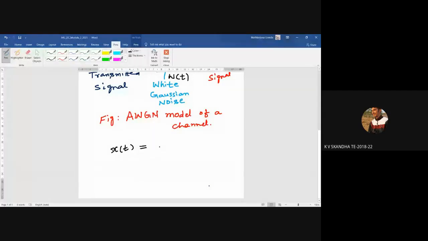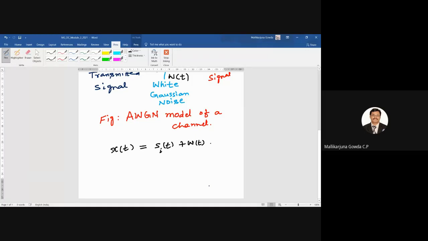Si of t plus W of t, which is the transmitted signal plus W of t. Let me call this equation 1.